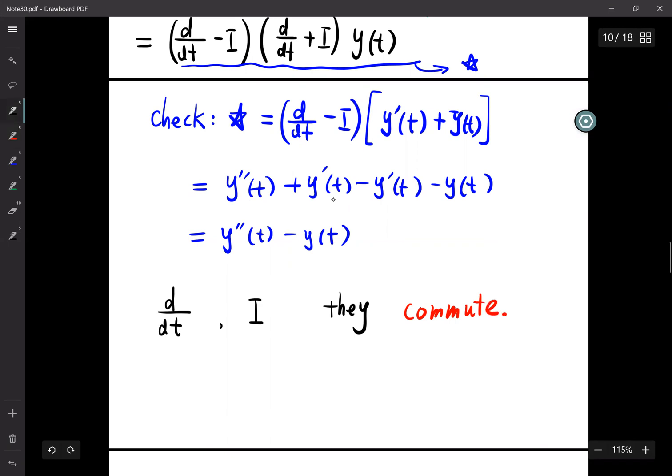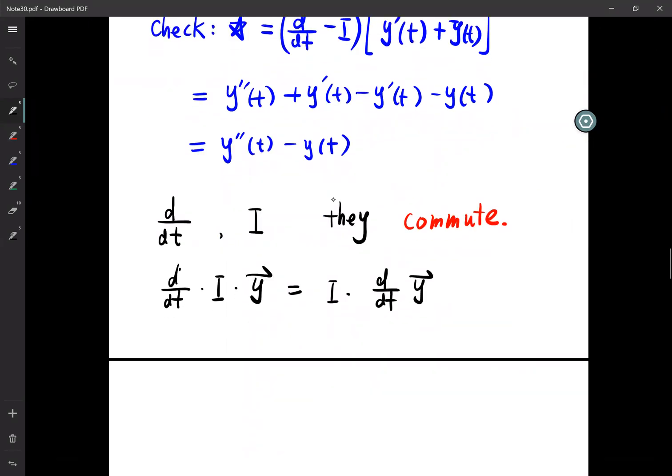What does commutation mean? It means that d/dt times identity applied to y equals identity times d/dt applied to y.